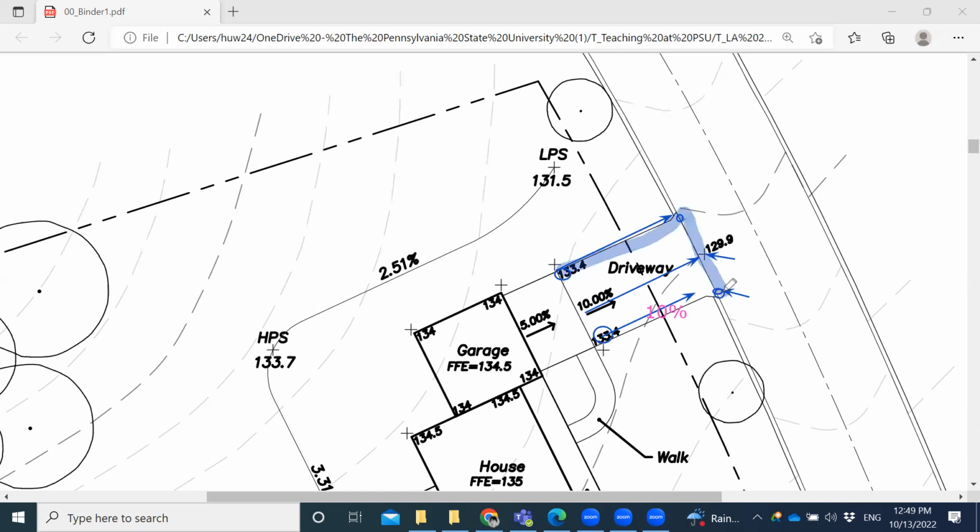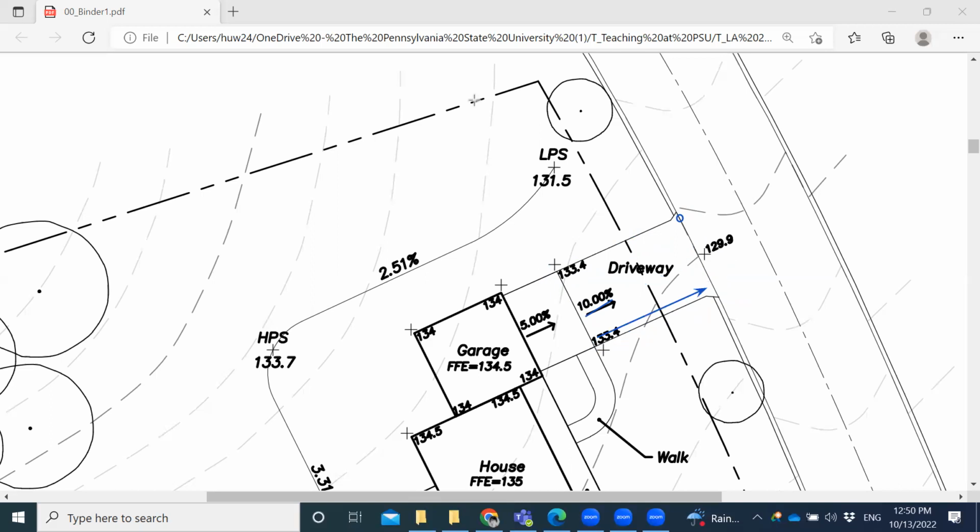This is a warped plane, and the slope here is the lowest, and the slope there is the highest. So in order for the whole driveway to stay below 10%, what you need to make sure is not the center. It's not this slope, not that one that should be below 10. It should be this slope that's below 10.